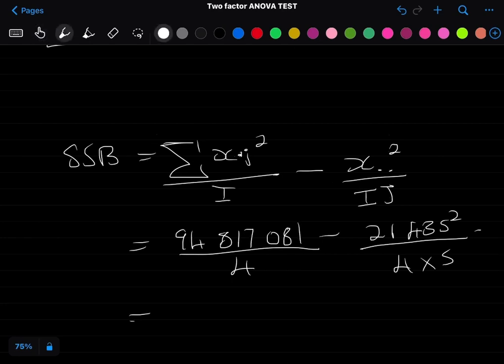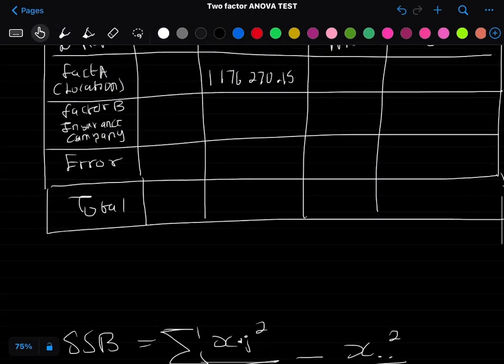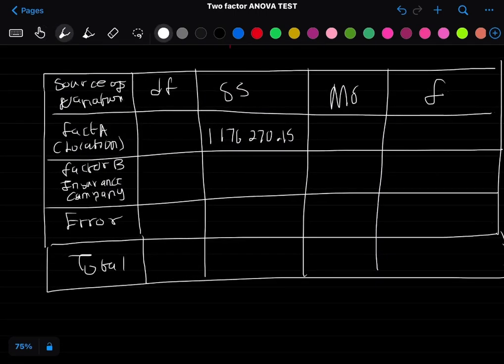And this is equals to 731,309. That is our sum of squares for factor B.